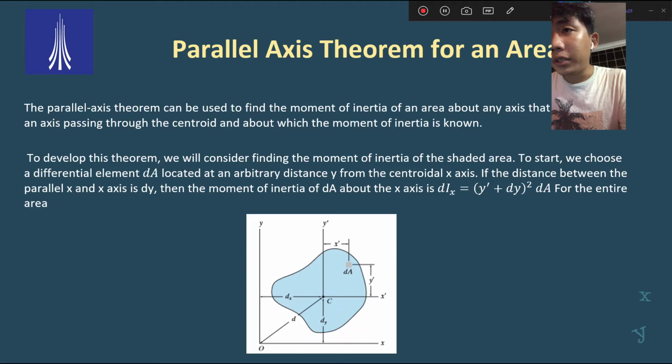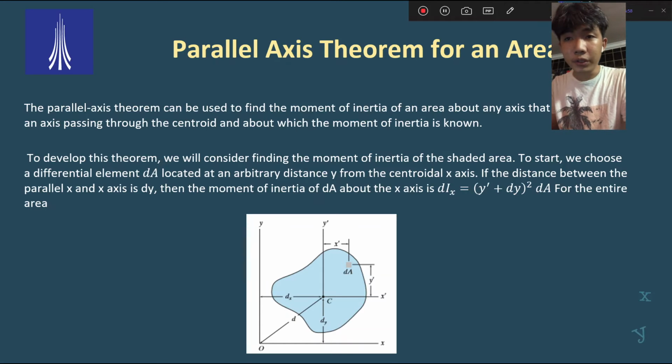So moving on is the parallel axis theorem for an area. The parallel axis theorem can be used to find the moment of inertia of an area about any axis that is parallel to an axis passing through the centroid and about which the moment of inertia is known. To develop this theorem, we will consider finding the moment of inertia of the shaded area below.